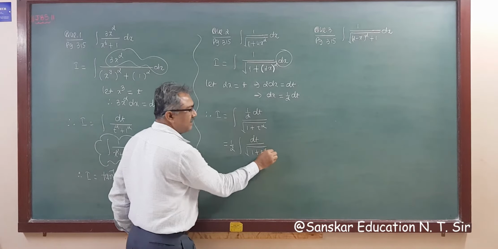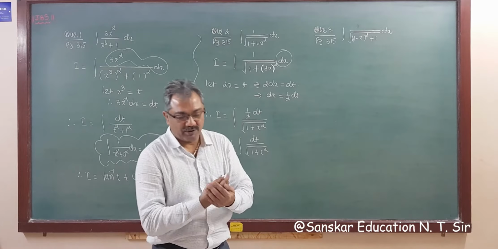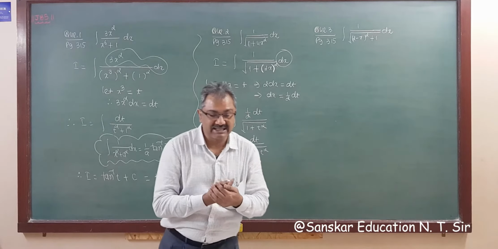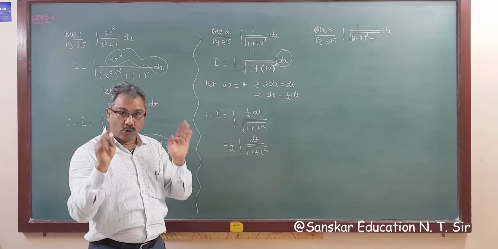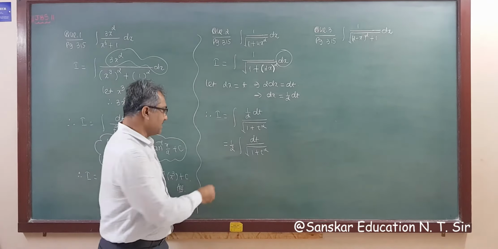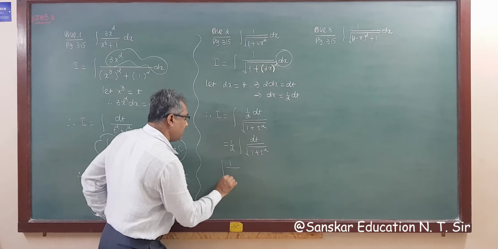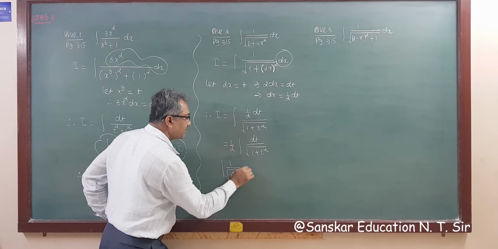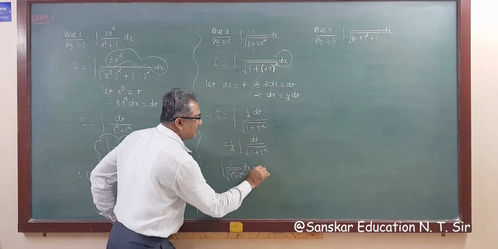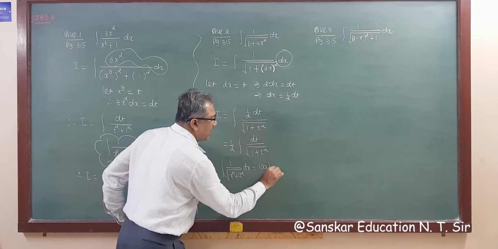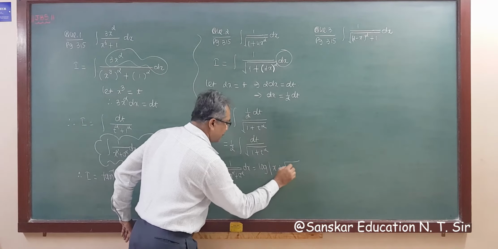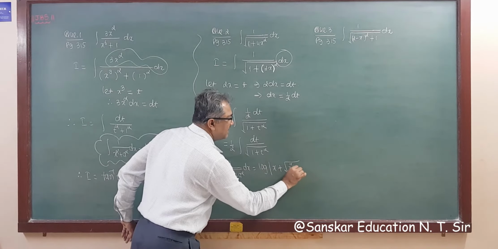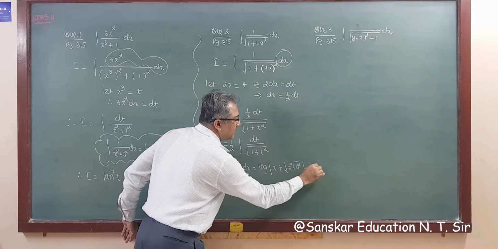Now formula for 1 upon under root x square plus a square is log mod root as it is. So formula for 1 upon under root x square plus a square dx is equal to log mod x plus under root x square plus a square plus c.